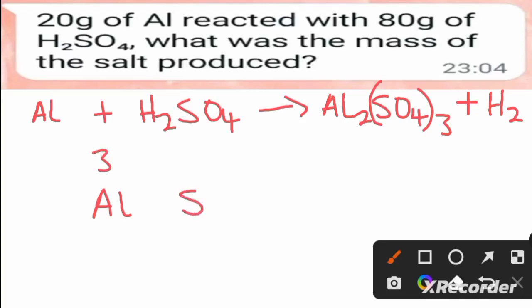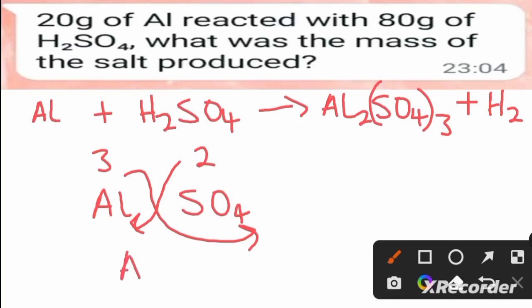Sulfate has valence 2. So the 3 will come here and the 2 will come here. Hence we are going to have aluminium 2 sulfate 3, with sulfur and oxygen inside the bracket. This is how we come up with this chemical equation.